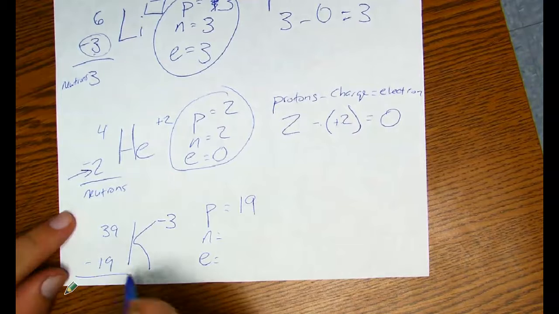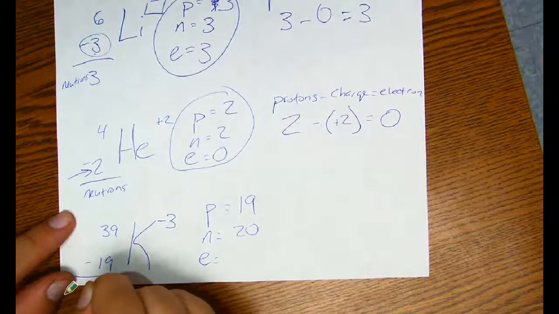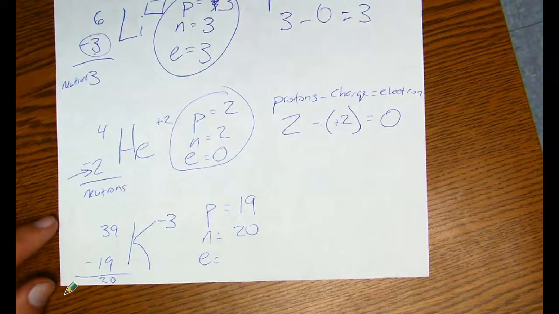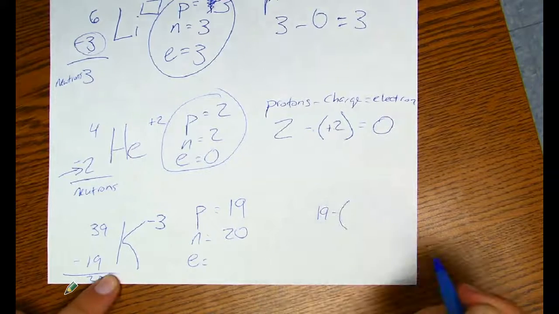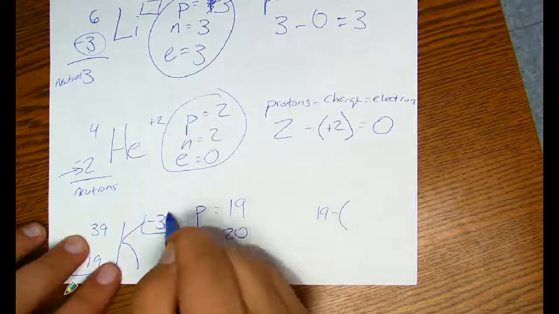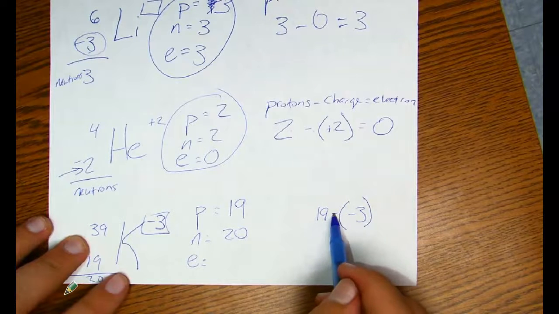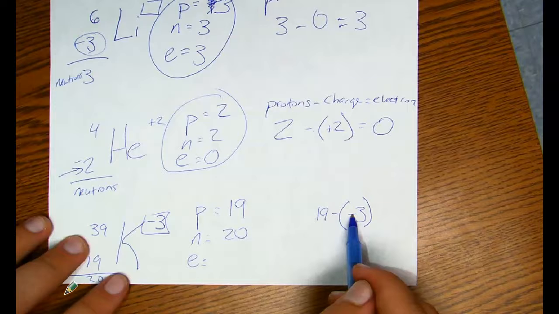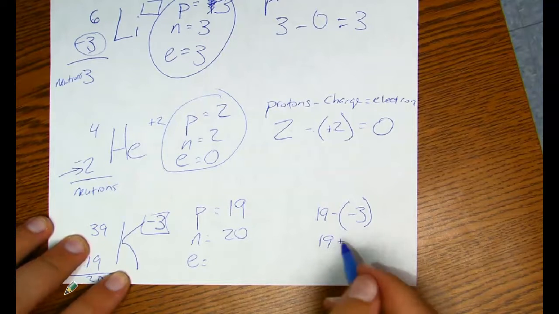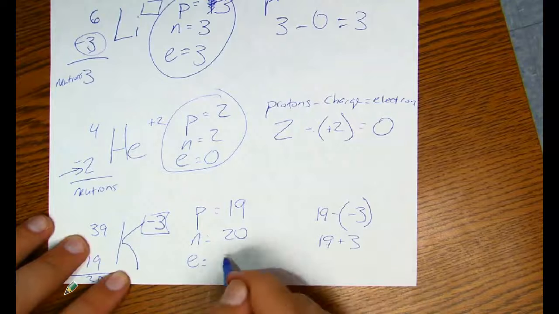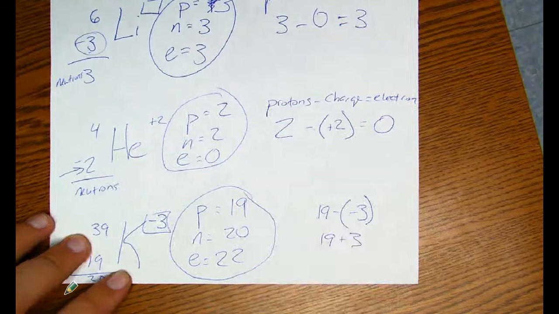Neutrons, just subtract them: 39 minus 19 is 20. Electrons, I take my protons minus the charge. My charge is negative 3. What's a minus a negative? Minus a negative turns into a positive. 19 plus 3. And that's how you solve it.